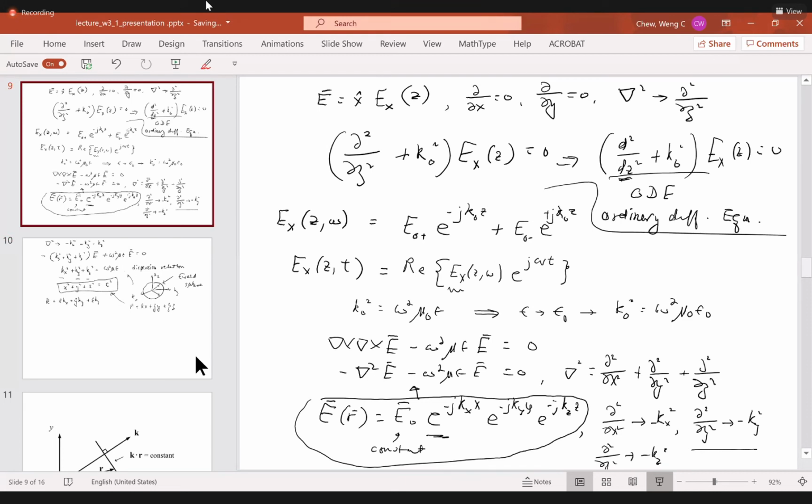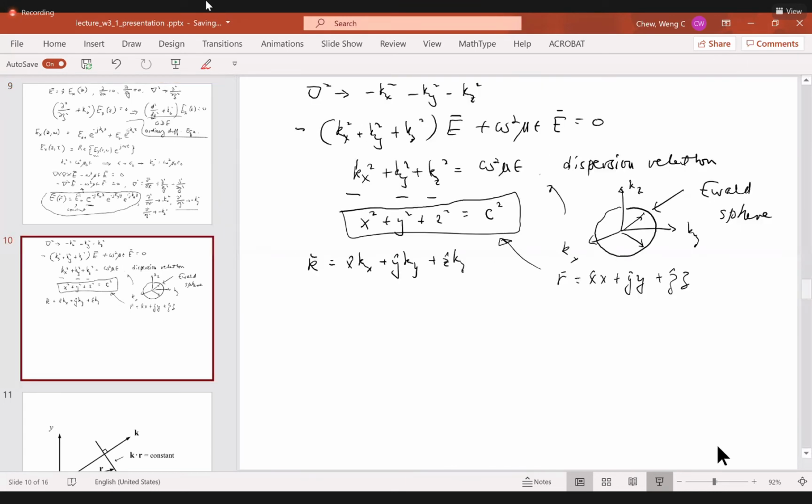Okay, I'm going to use a shorthand notation and say that if I define the vector k to be this, and then a position vector r to be this, k dot r is just equal to kxx plus kyy plus kzz. Agree? Everybody knows how to take a dot product between these two vectors.